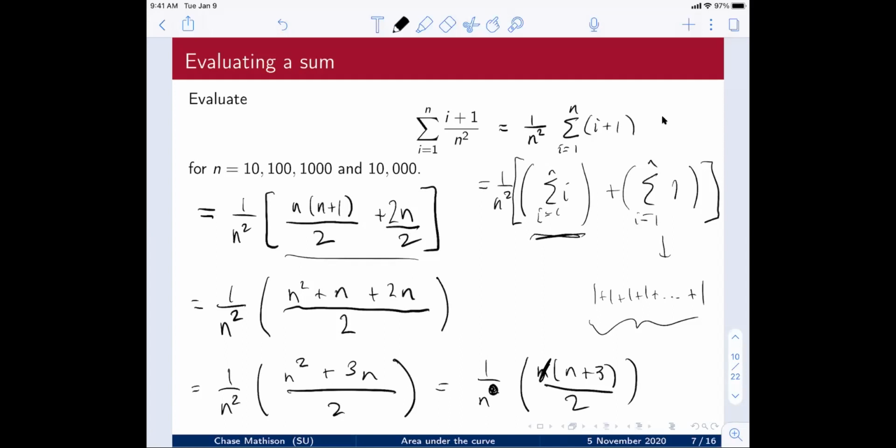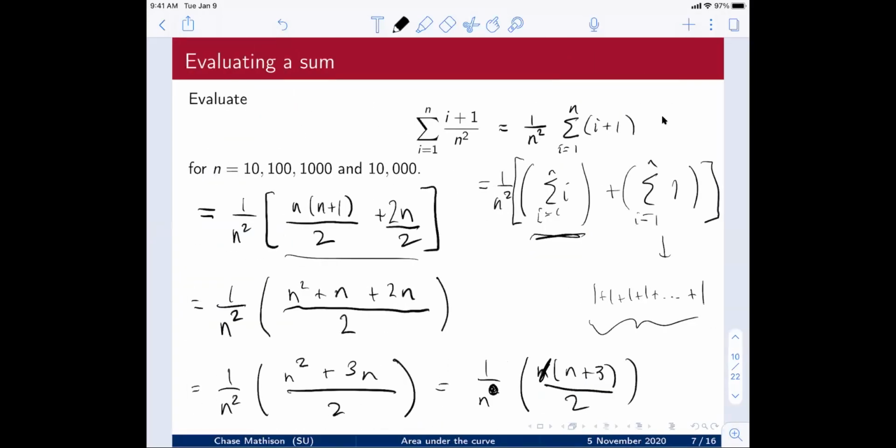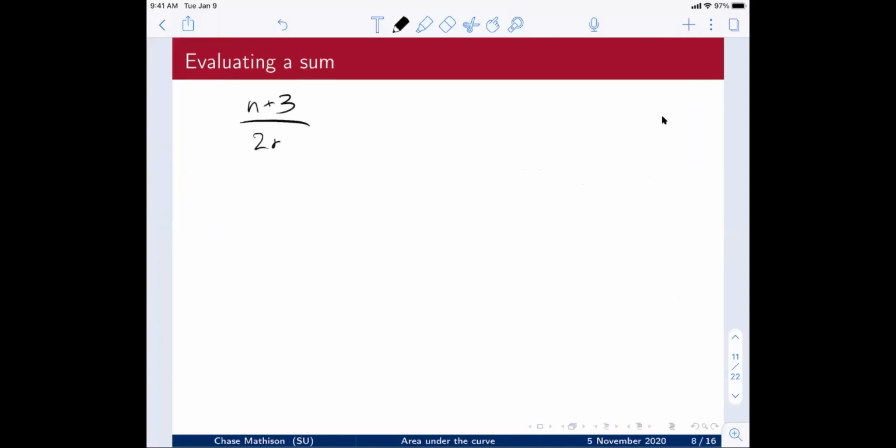In the end, I'm left with n plus 3 divided by 2 times n. I want to evaluate this now at a bunch of different n's.